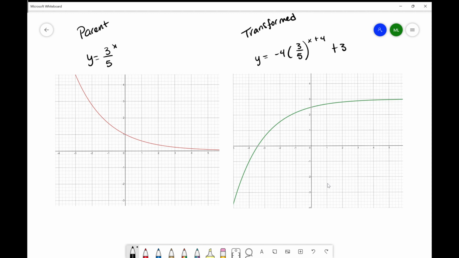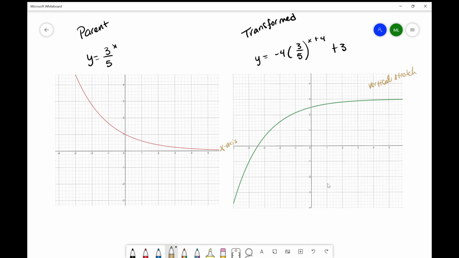Alright, because we have -4, so it's negative, and it got reflected about the x-axis. So you can see here we have our x-axis here, and it got reflected. This one has a vertical stretch, as opposed to the parent function. I kind of stretched it out.